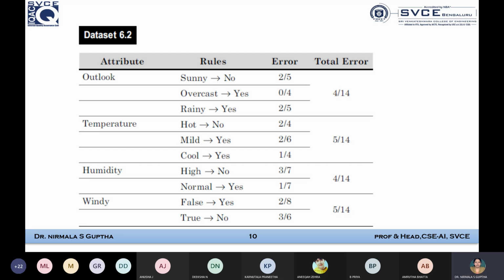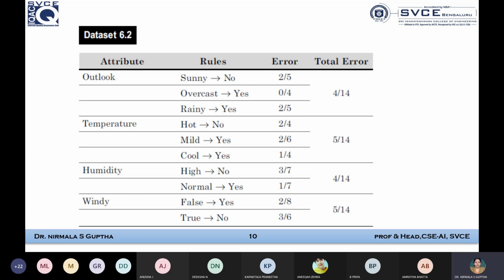Because for Outlook yesterday we have seen, all the denominators you need to count. For Outlook, 5 sunny instances, overcast 4 instances, rainy 5 instances. So for the first attribute Outlook, the denominator is 5 plus 4 plus 5, it is 14, correct?